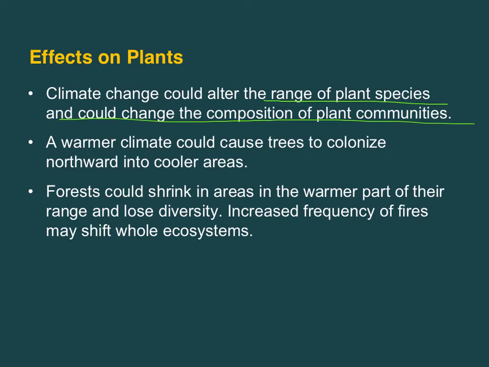It's hard to tell. But we could see a shift in ecosystems, either due to fires or due to different trees and different plants being in an area that are not usually there. And then if they don't have any natural predators, they could take over for the plants that might already be there.